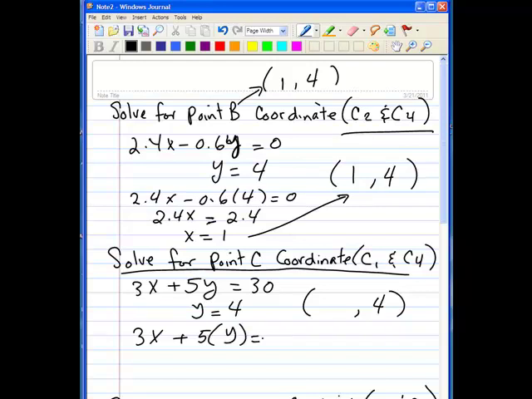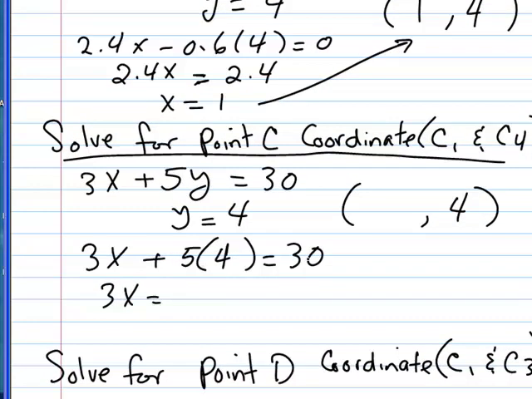for the value of y in the first constraint and solving, we get, oops, sorry, I should put 5 times 4. We get 3x is equal to, now 5 times 4 is 20, take it to the other side, and we get 30 minus 20, which is 10. So x is equal to 10 over 3, which gives us 3.33.